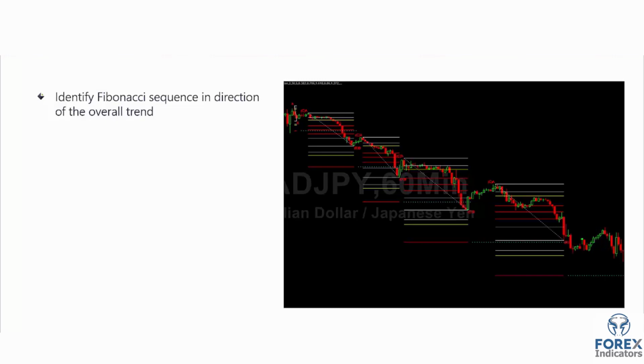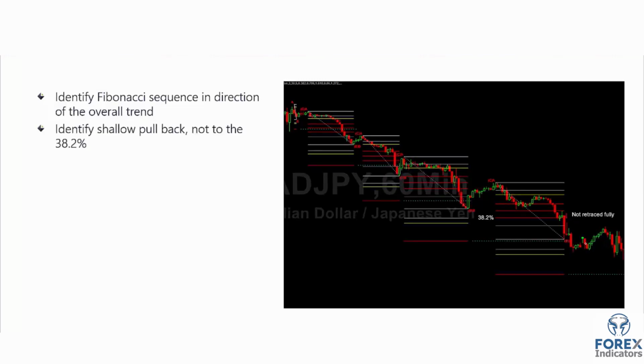You can see here's the Fibonacci sequence, the market going lower, and you can see the pullbacks that we're targeting are these areas here. Here's the 38, here's the 38, and this one is the 38 up there. So identify the shallow pullback, not to the 38.2.